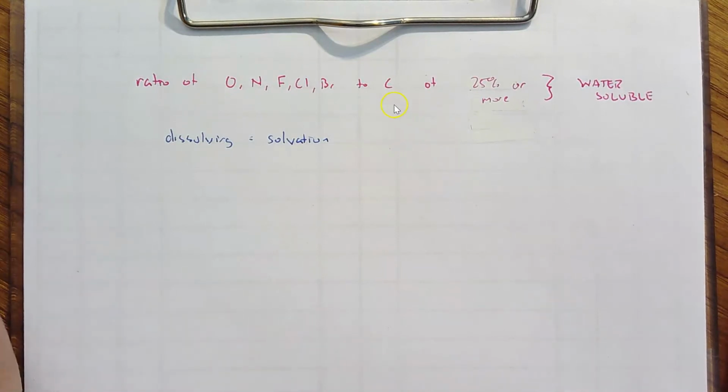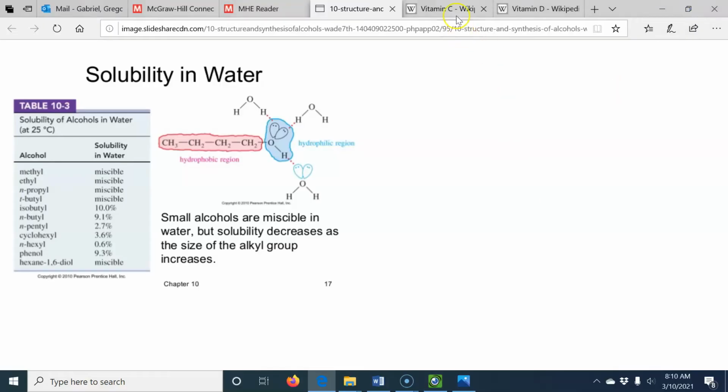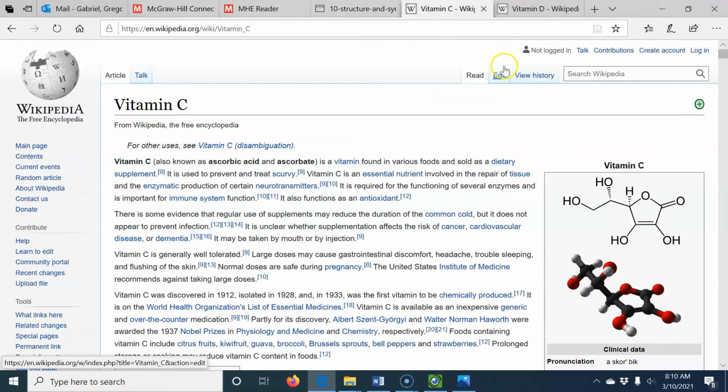Let me go over one other interesting example. Vitamins. Here's the structure for vitamin C. It's a pretty big molecule, but it has many oxygens. Vitamin C is water soluble. And why is it water soluble? Because it can hydrogen bond with water very well.